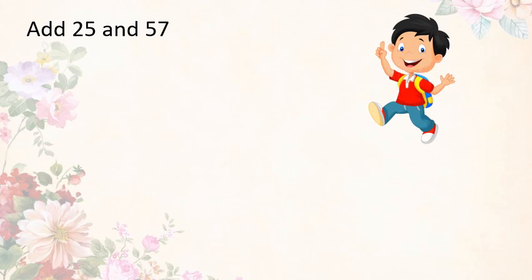Now, one more method I will show you. See here, add 25 and 57. Now, one of our students came, what is his name? Ravi. Ravi will do this sum by his method. We will see. 57, he has taken the greater number first. Then what did he do? Plus 10.